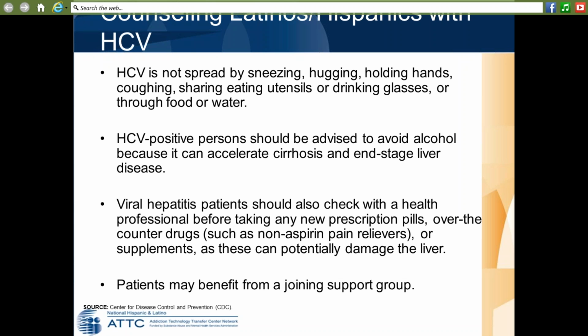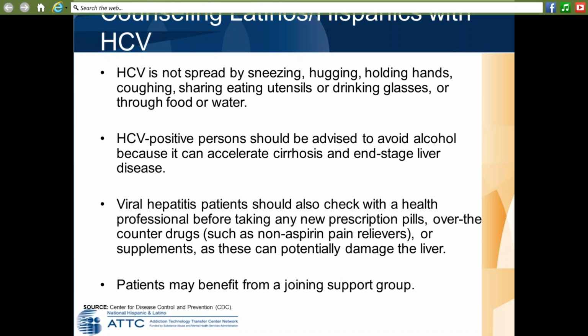And so it's important to ask the right questions and to engage in a conversation, because some people might deny using alcohol or might say that they drink socially when in fact there might be an issue there, or a substance use disorder, in relationship to alcohol. So make sure that when counseling people, you ask the right questions, you engage in a conversation that goes a little bit more in depth.